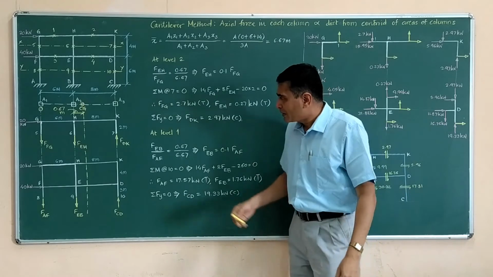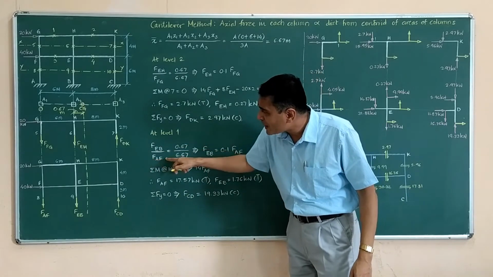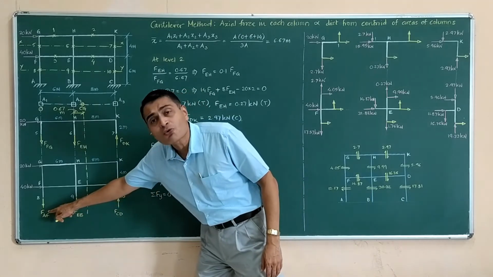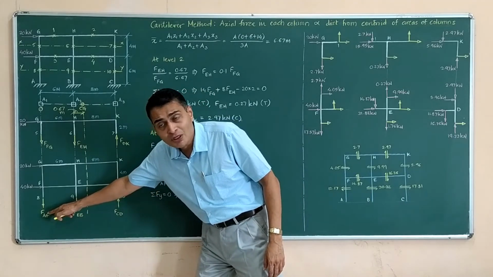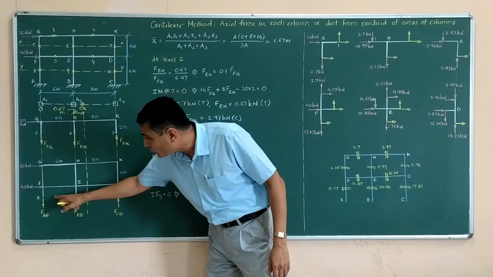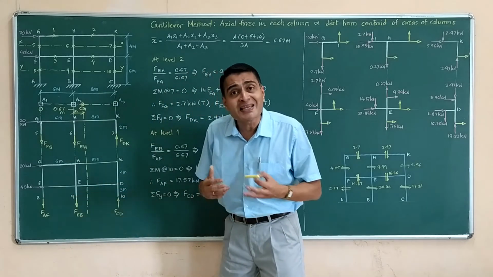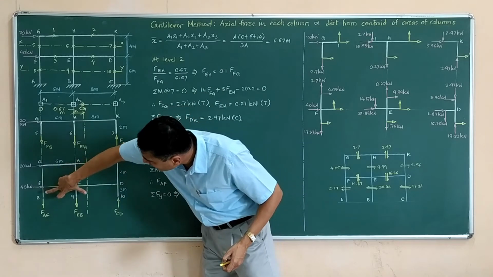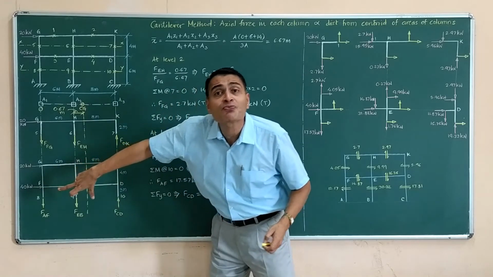So yes, my first assumption: I am writing F of EB upon F of AF, force in EB upon force in AF, is equal to distance of EB from centroid upon distance of AF from centroid.